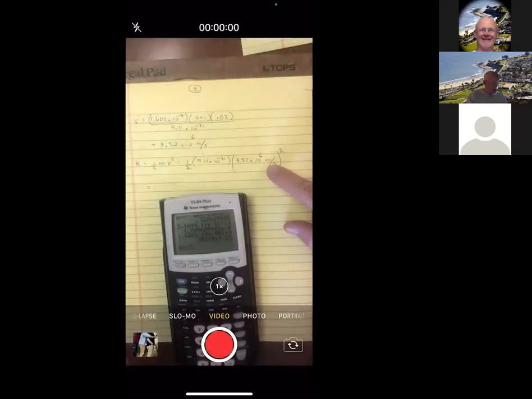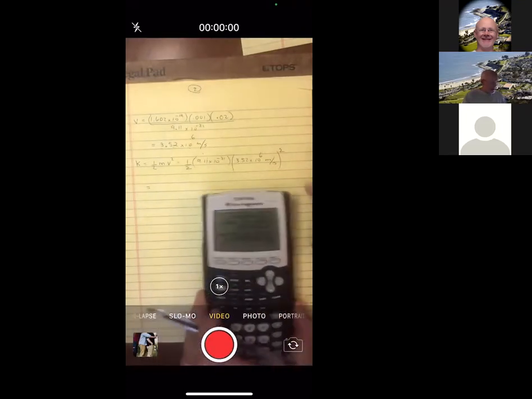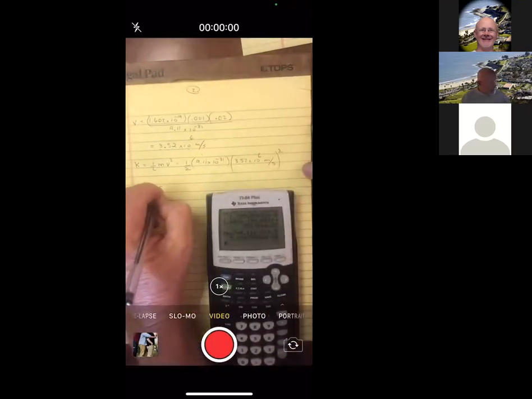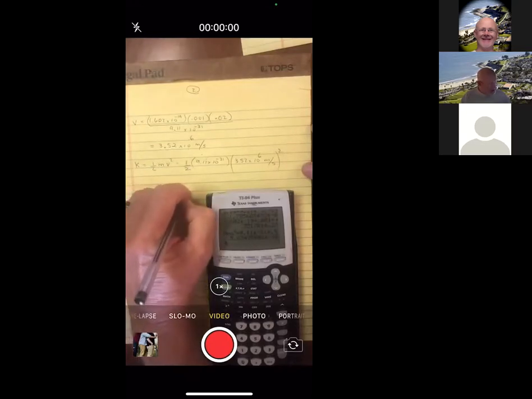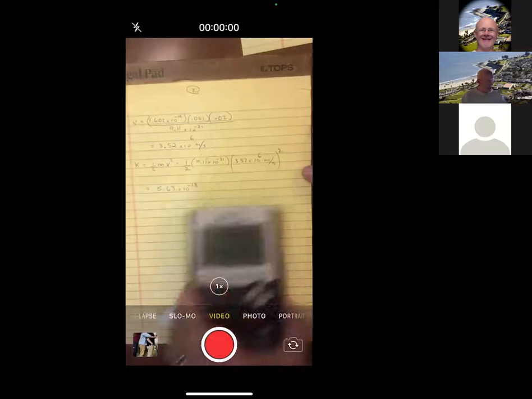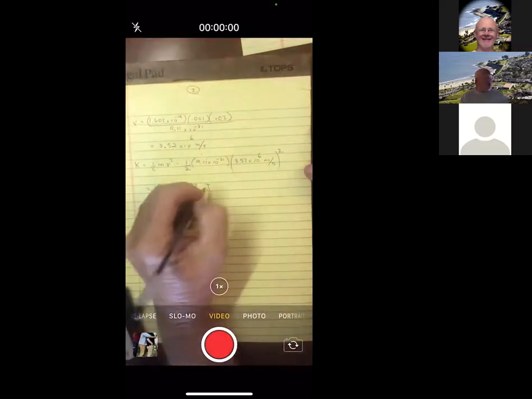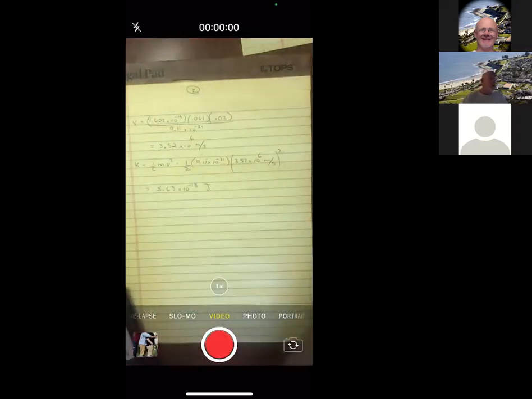So I'm just going to hit square and go backwards, times 9.11 times 10 to the negative 31, and then times the 1/2. And I get an energy of 5.63 times 10 to the minus 18 joules. And we probably could stop there.